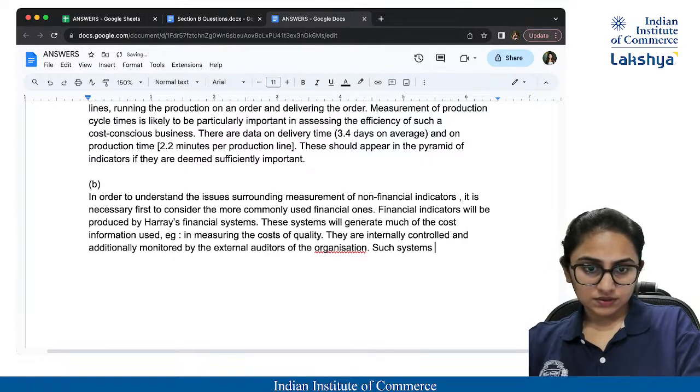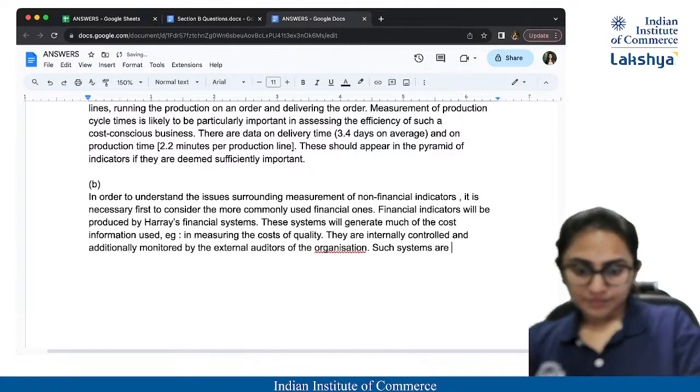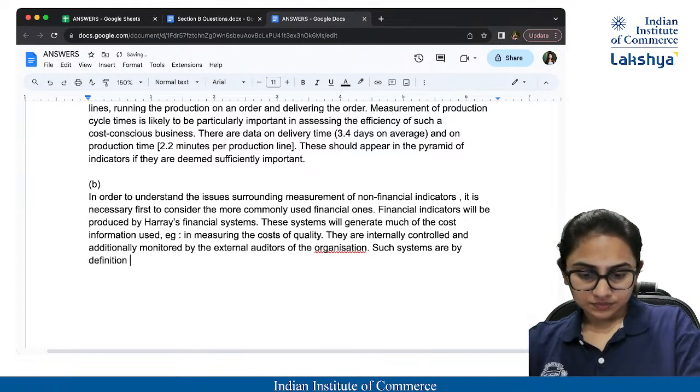Such systems are by definition working with easily quantified data, that is invoice values.